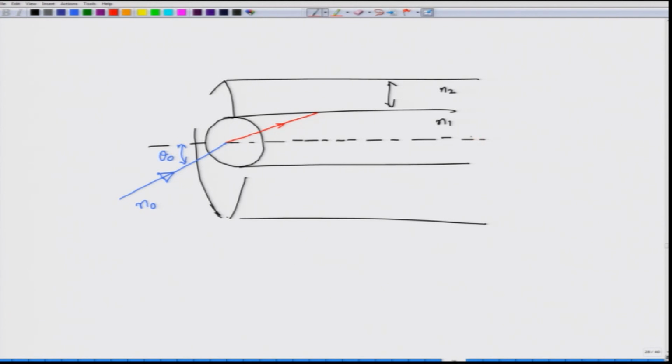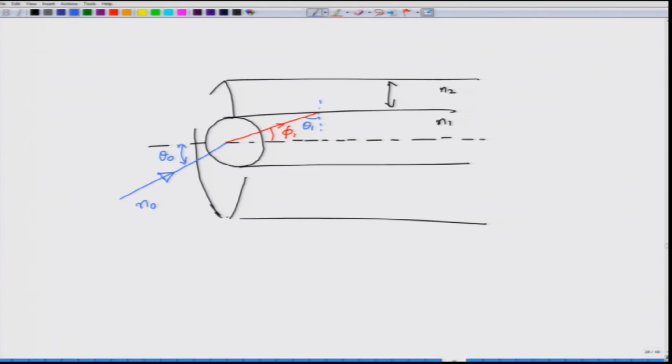This axis is the normal to the interface, and the refracted ray makes an angle, let us call it phi 1. With respect to core and cladding, this ray of light which is travelling inside the core has made an angle of theta 1.